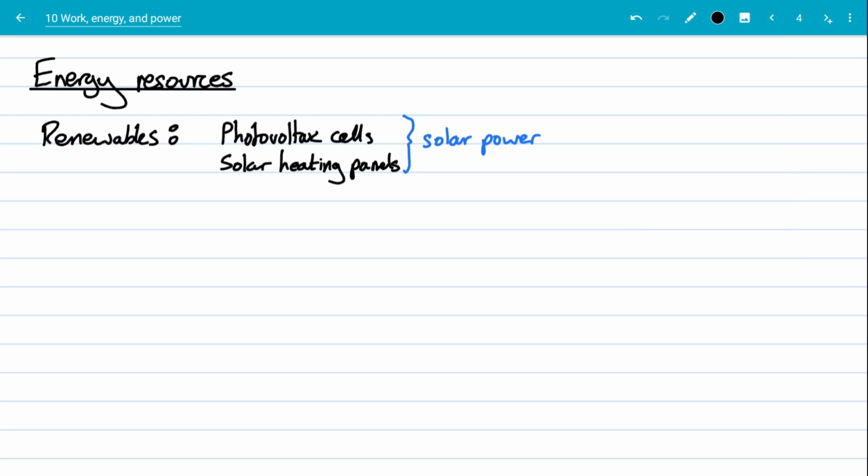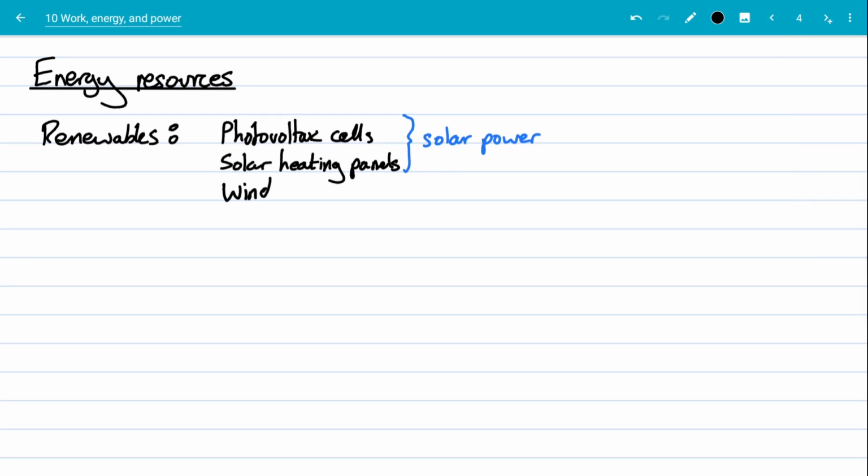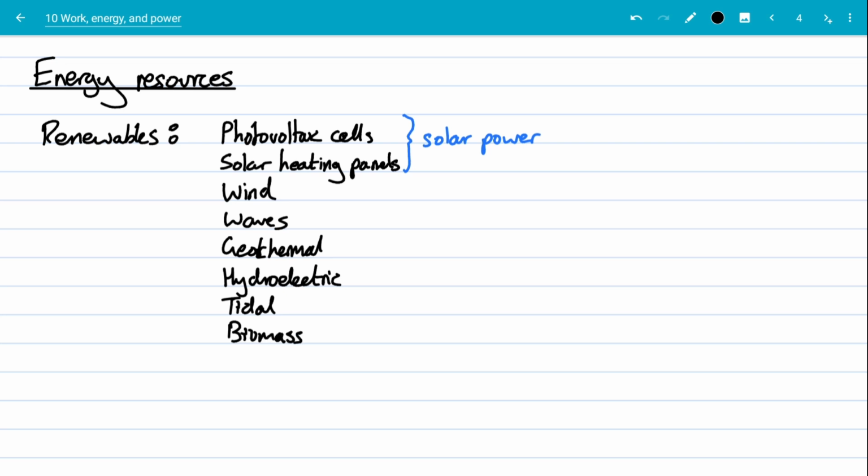What else do we have? We've got our friendly wind. We've got, I suppose, waves, which are experimental at this stage. Geothermal, which is very limited geographically in where you can put it. Hydroelectric power, tidal power, biomass. You can burn biomass, biofuels, biogas, all that sort of thing. That's renewable as well.